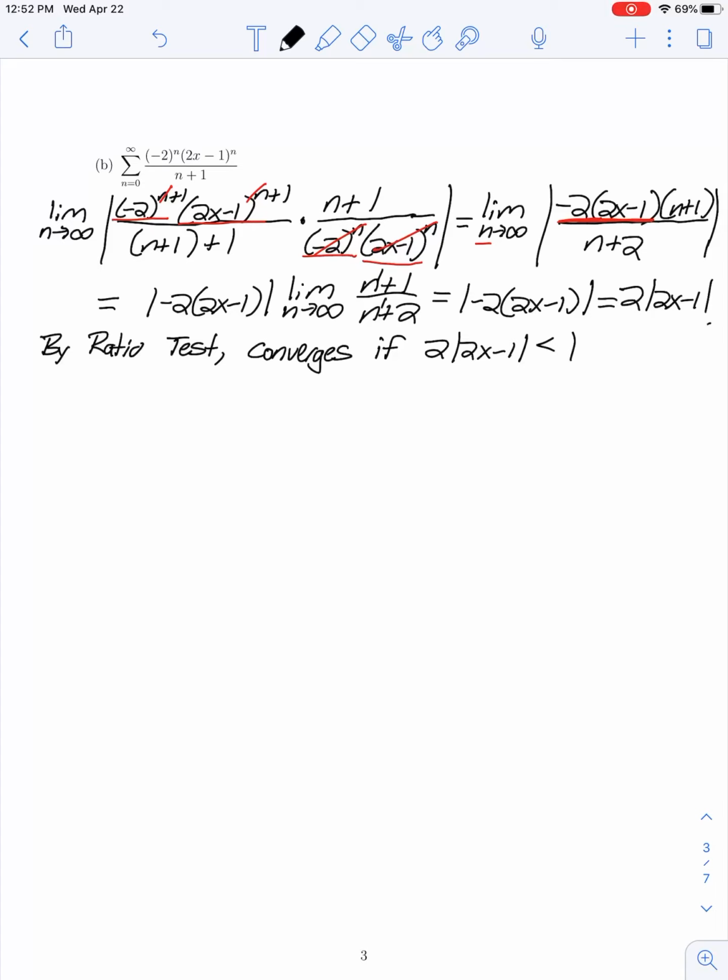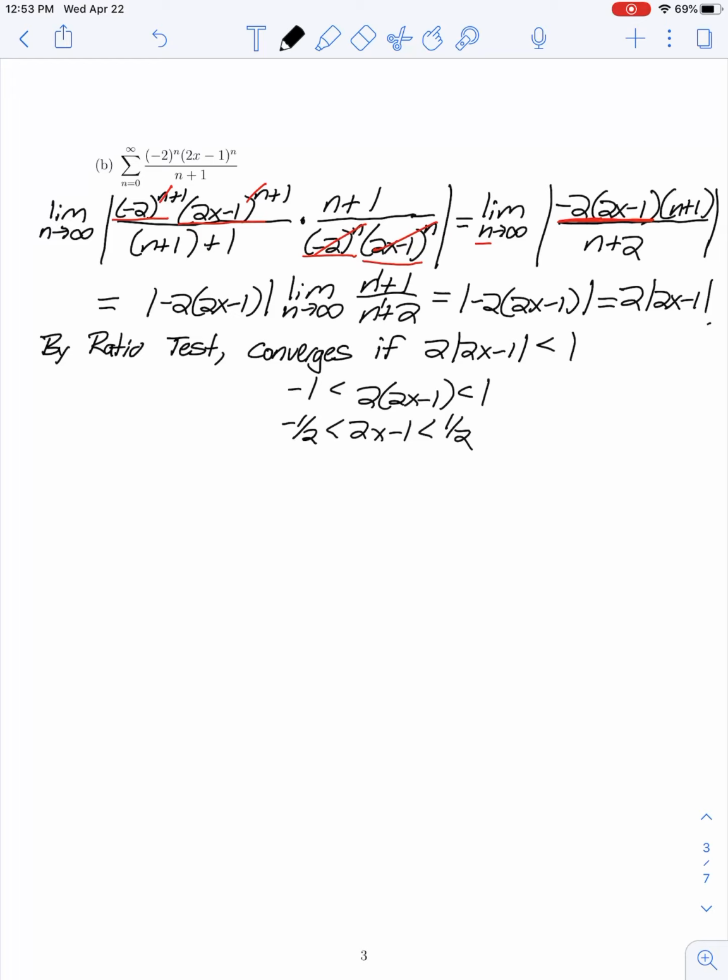So here, I could think about it like this. In order for 2 times the absolute value of 2x minus 1 to be less than 1, that means that the quantity 2 times 2x minus 1 would have to be less than 1 and greater than negative 1. So if I divide through by 2, I have negative 1/2 is less than 2x minus 1 is less than positive 1/2.